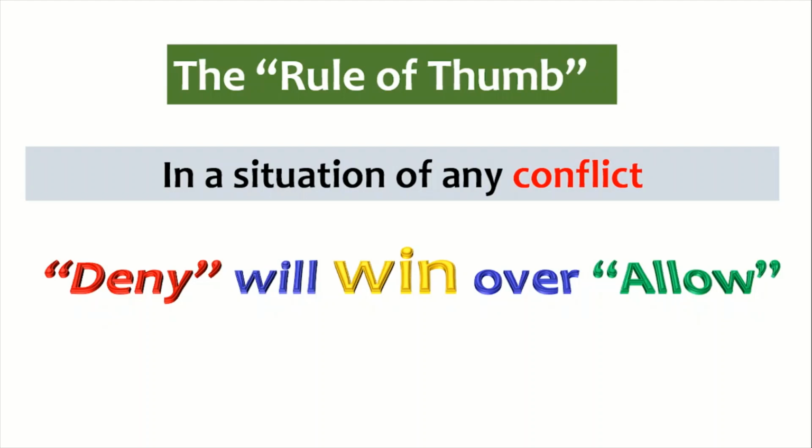Because policies are meant for denials, this is the rule of thumb that will help us while troubleshooting group policy and why it's not working. Sometimes it doesn't work because there is a conflict and the deny wins over allow. So again, the rule of thumb: deny will always win over allow in a situation of conflict.